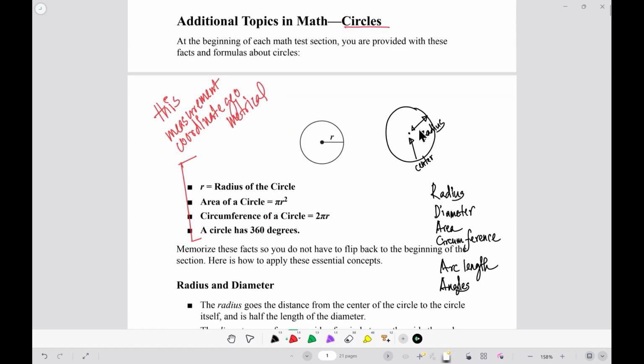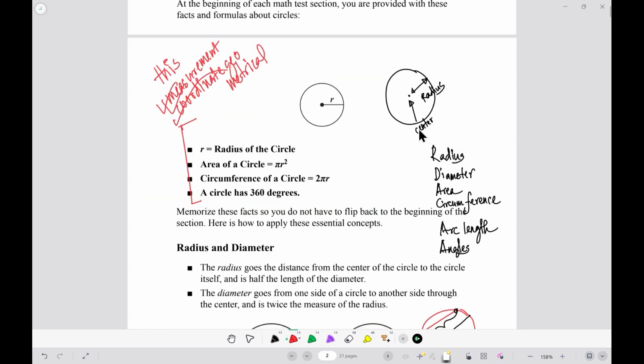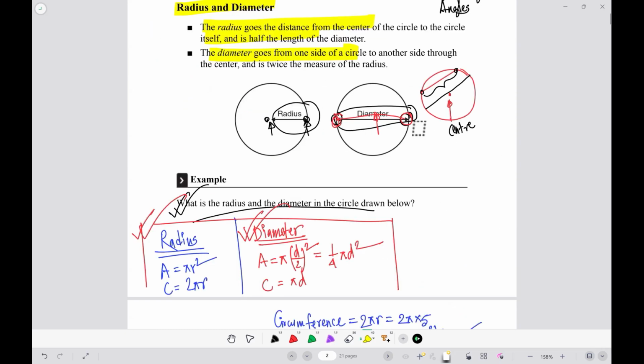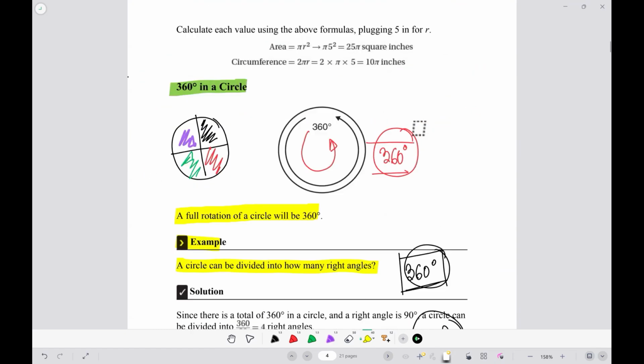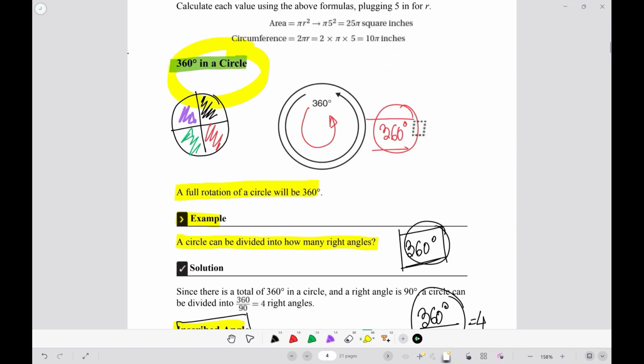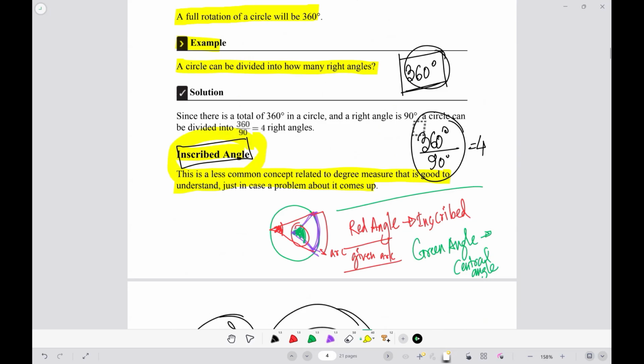So what does that mean? It means that we have already covered the radius and diameter. We have talked about some equations, formulas, laws, whatever you might want to name them. Then we talked about area and circumference, 360 degrees in a circle, and the inscribed angle.